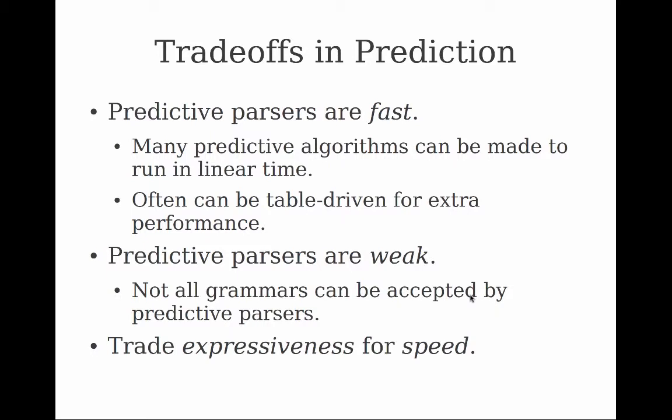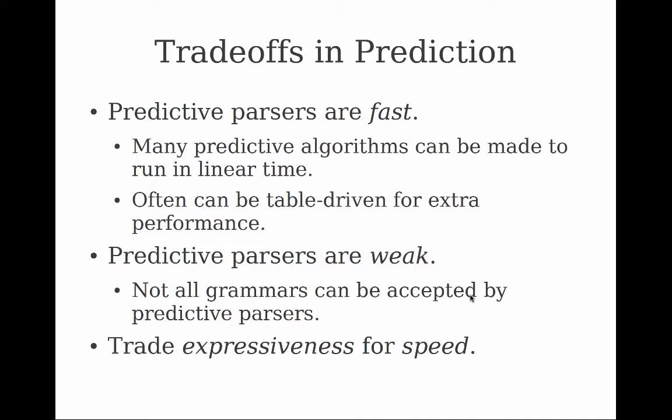So, we talked about context-free grammars, and we said these depth-first and breadth-first search algorithms can accept all context-free grammars except for the provision about left recursion. Predictive parsers can't do that. In fact, no one has really defined precisely the class of grammars that predictive parsers can accept.